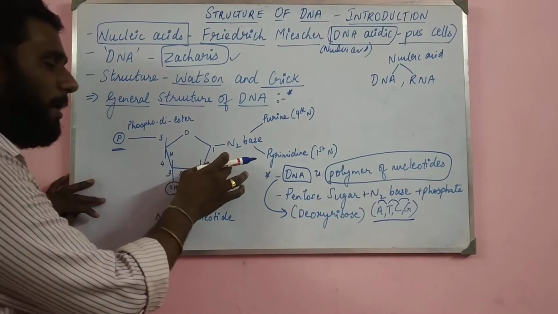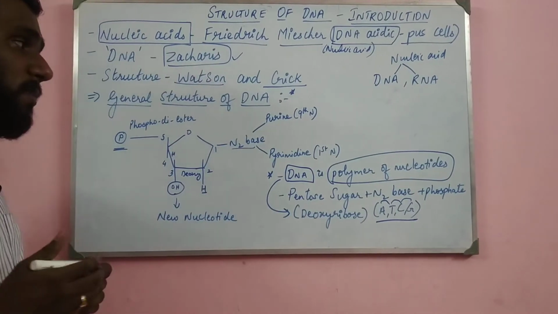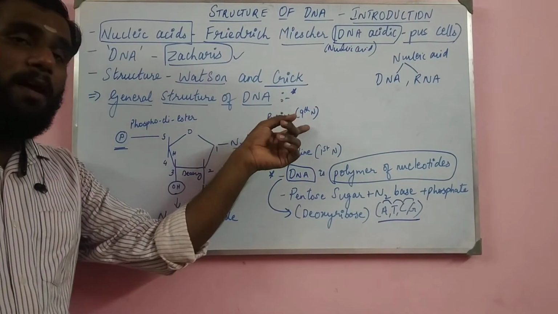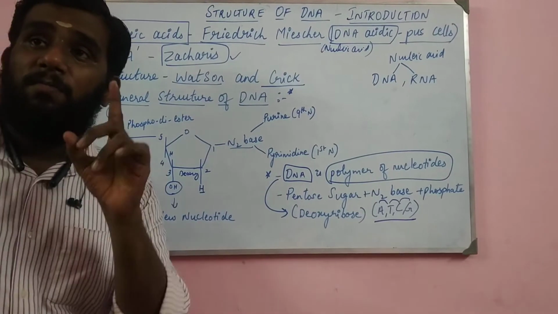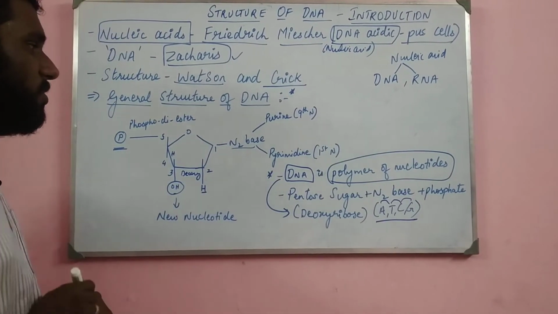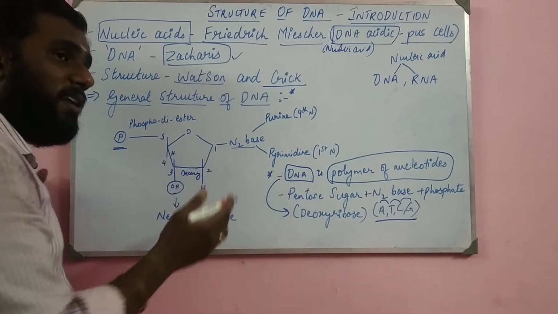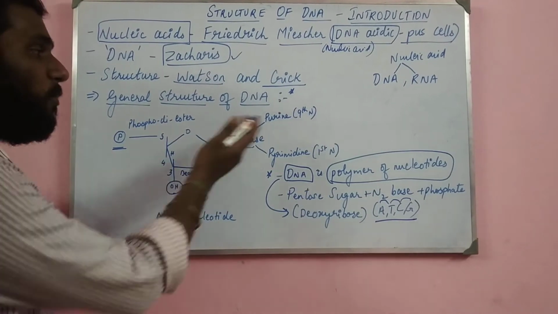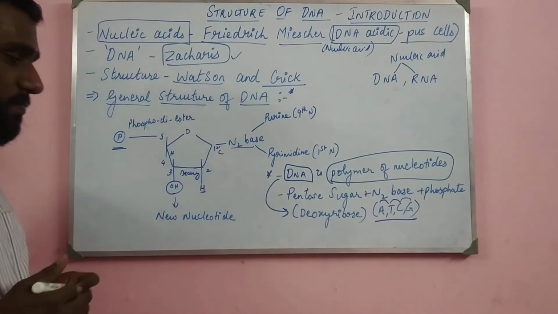And to this side, the sugar's first carbon is being attached to the nitrogenous base. If it is going to be a purine, it is going to be attached to the 9th nitrogen. If it is going to be a pyrimidine, it is going to be attached to the first nitrogen. So this nitrogenous base is going to be decided either as a purine or pyrimidine based upon which nitrogen is going to get attached to the first carbon.